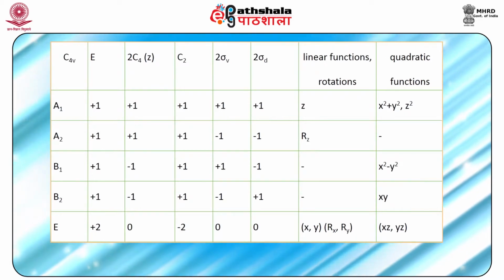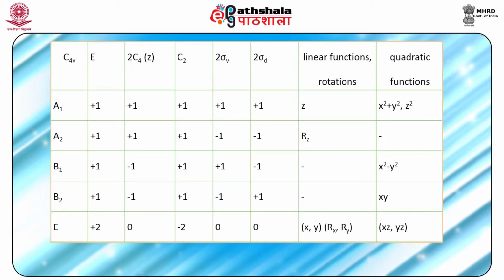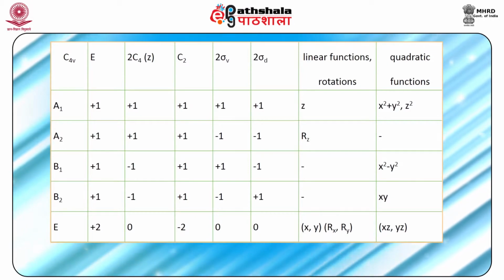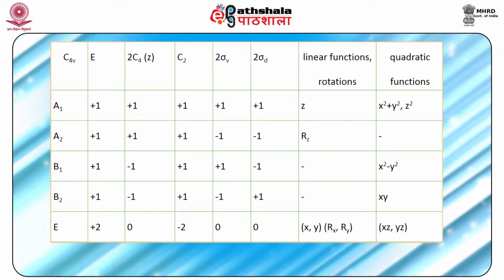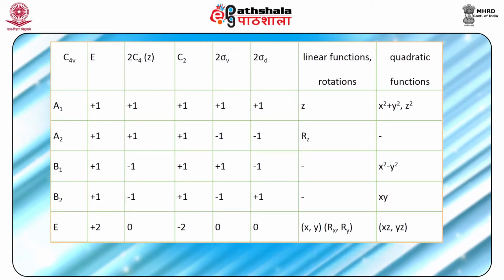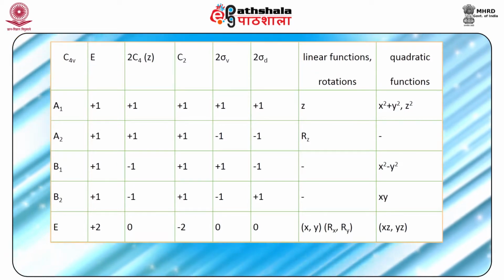Now, let us see the symmetry of the various bromine atomic orbitals in the C4v point group, and this we can easily obtain by taking the C4v point group character table as shown over here, and we will look up now for A1, B1 plus E.